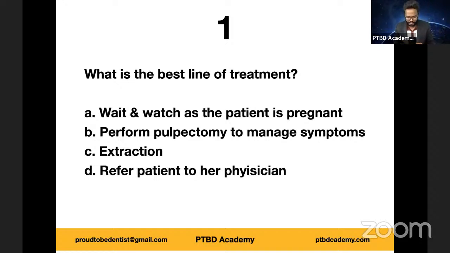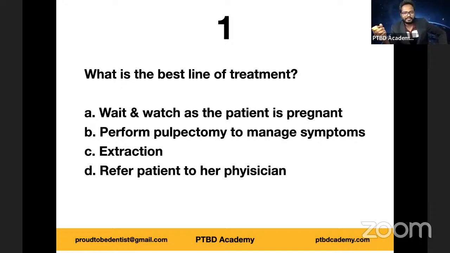So it's a typo. So among the given options, which one do you think is more appropriate answer? So what would you do? We're talking about a pregnant patient. We're talking about the second trimester. Can we go ahead with any kind of treatment, or is it better to choose option D? Because whenever we are in doubt, whenever a patient has a systemic manifestation, need not be a pathology, but even related to normal physiology such as pregnancy, there is nothing wrong in referring the patient to her physician.